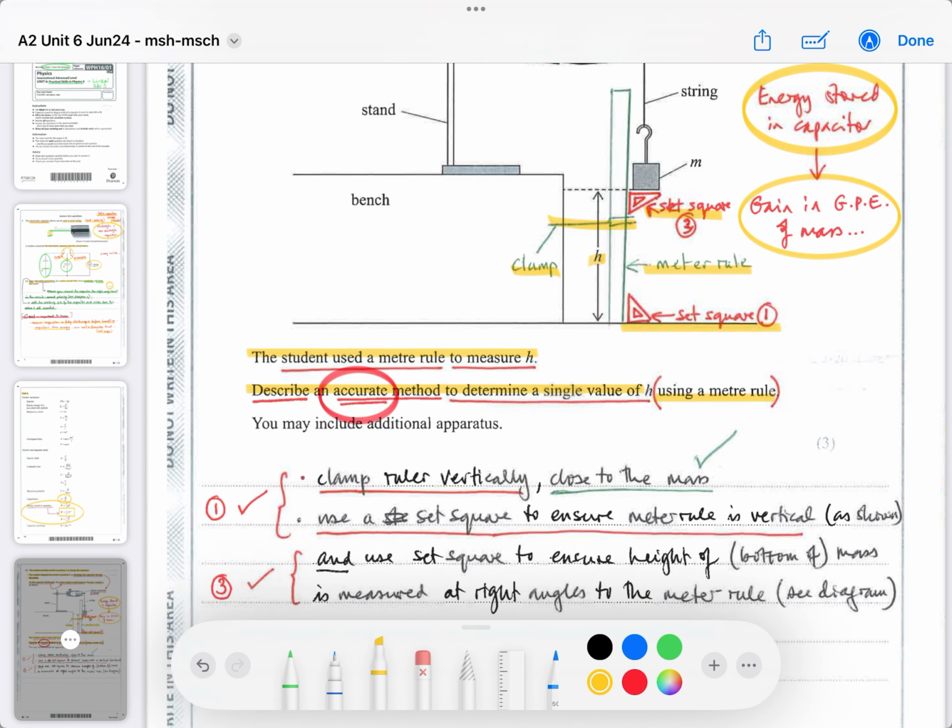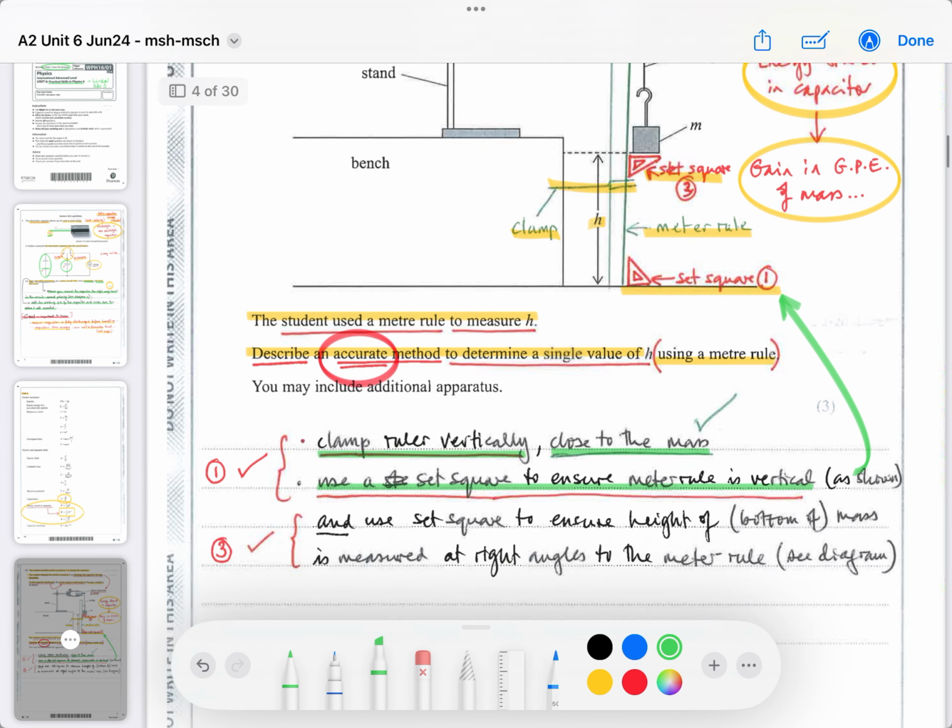So first thing is, in your language, you need to say clamp the ruler vertically close to the mass. You want it close so it makes it easier to read the exact height to the nearest millimeter. And then use a set square to ensure the meter rule is vertical, as shown. So that's set square 1.